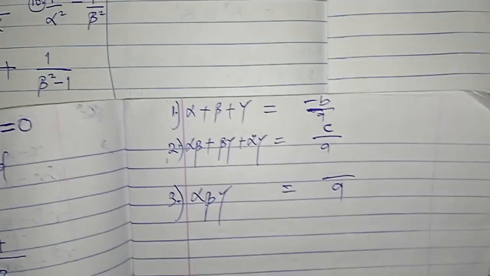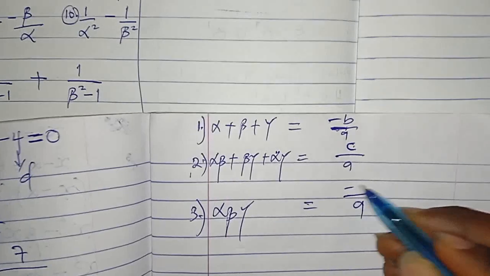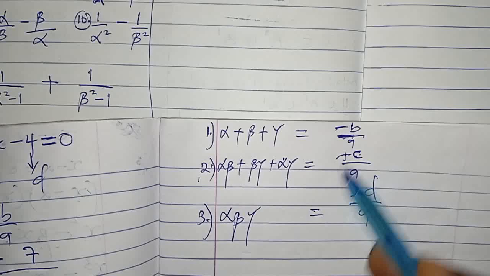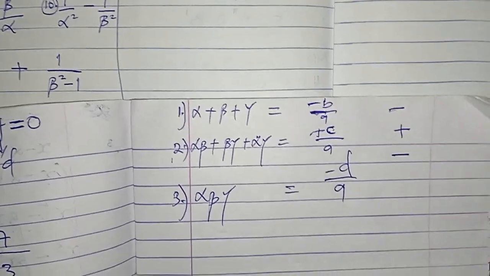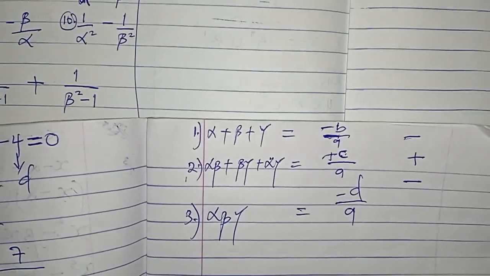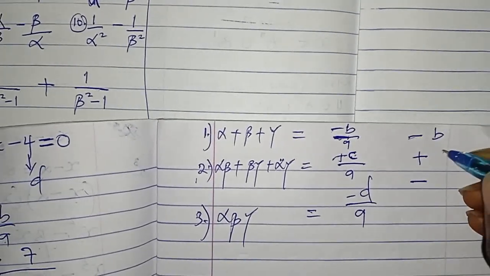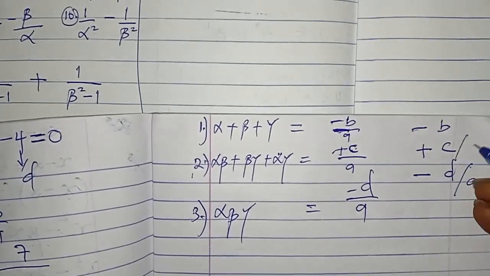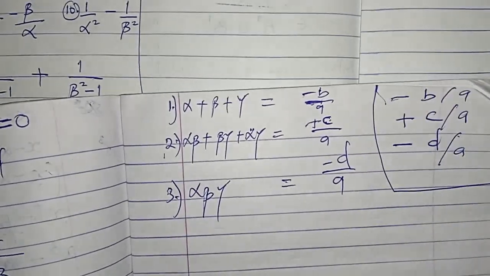So it's always minus B first, then C, then minus D: minus, positive, minus. For a cubic, it's always A, B, C, D, so it's always B first, then C, then D, all over A. Whichever one you want to use, remember it, and you can use it.